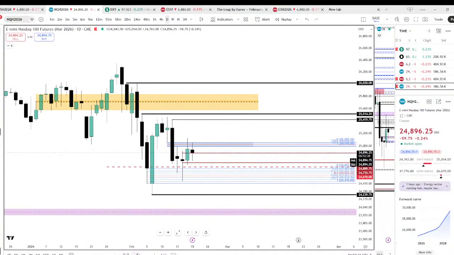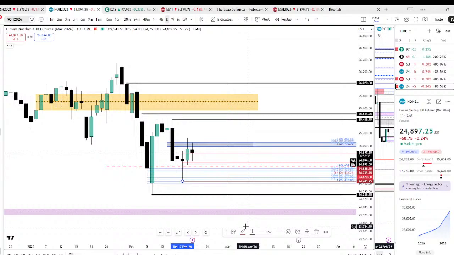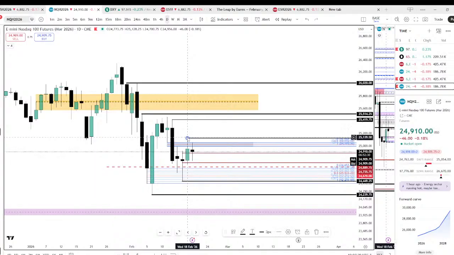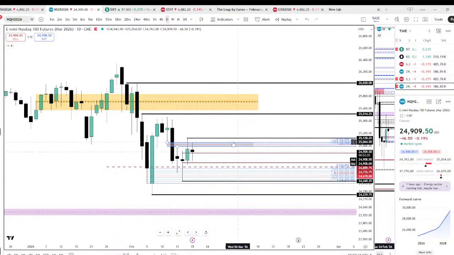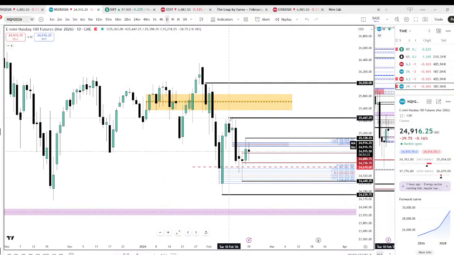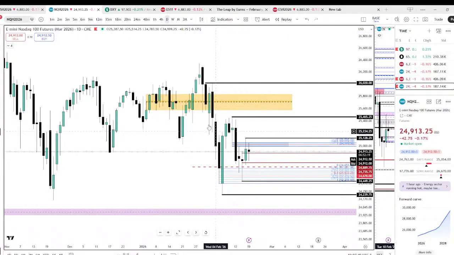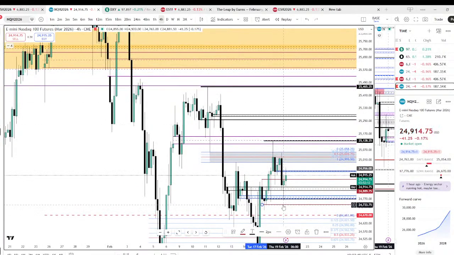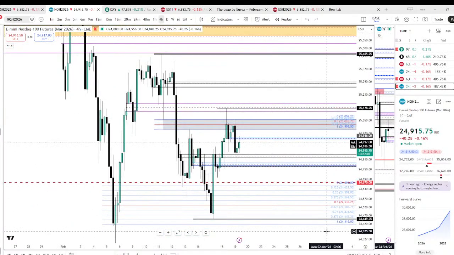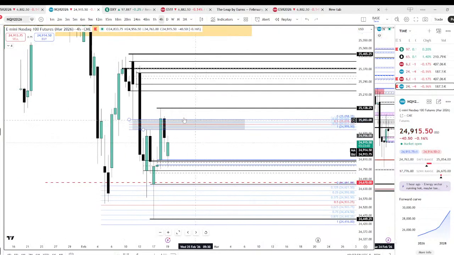Last three. This low. This high. Regular trading hours.